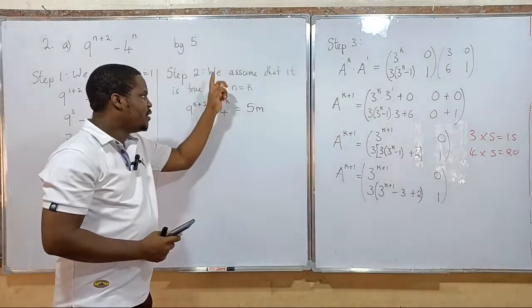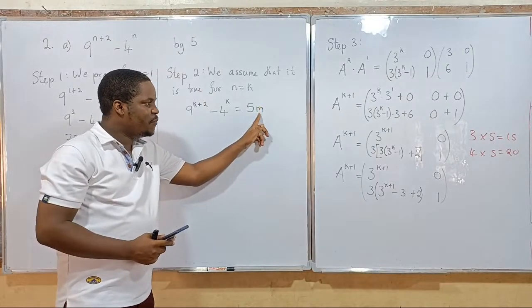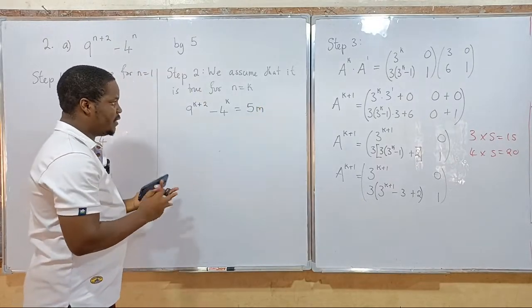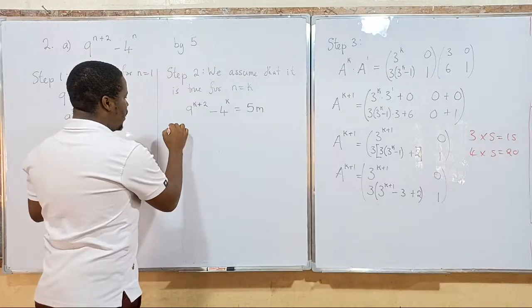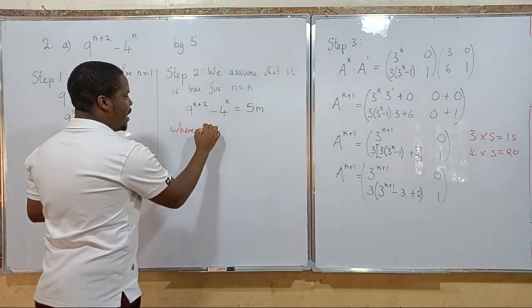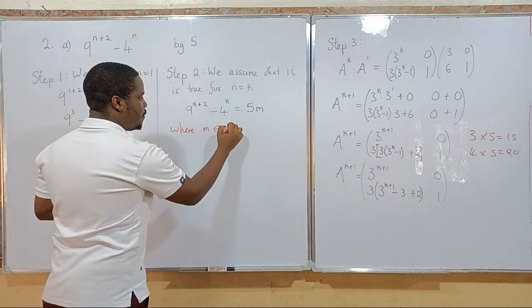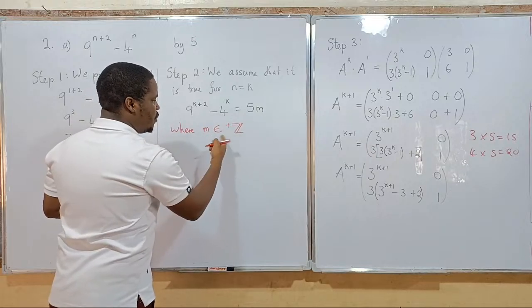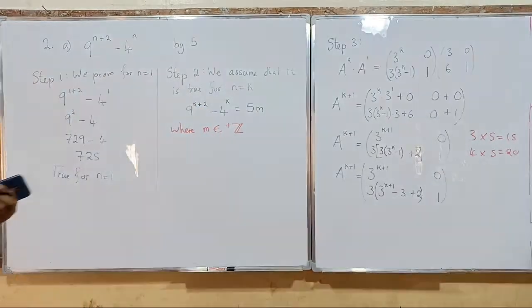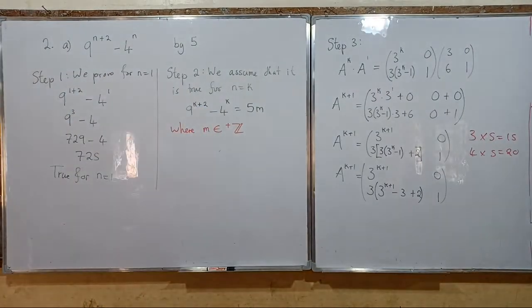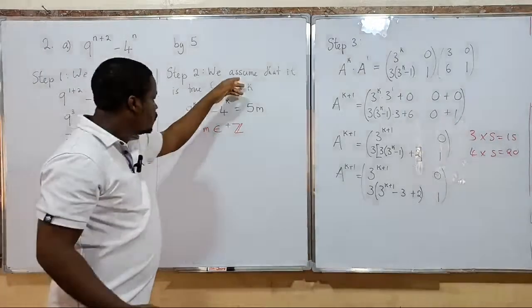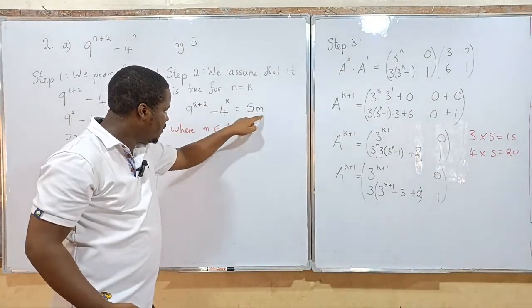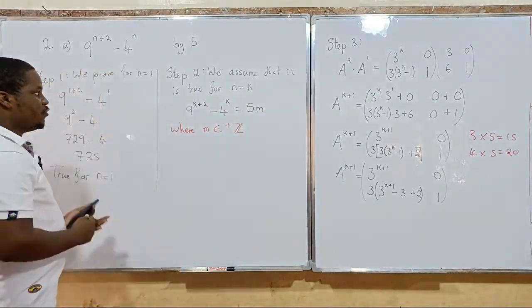Because we are assuming that it is true. So this m represents any number. So you can also put that statement and say where m is a member of positive integer. So it can be any positive number you can think of. Because of that positive number, it makes that statement true, because we're assuming that it's true. So as long as you can multiply it by 5m, then it's true. From there, we go straight to step 3.